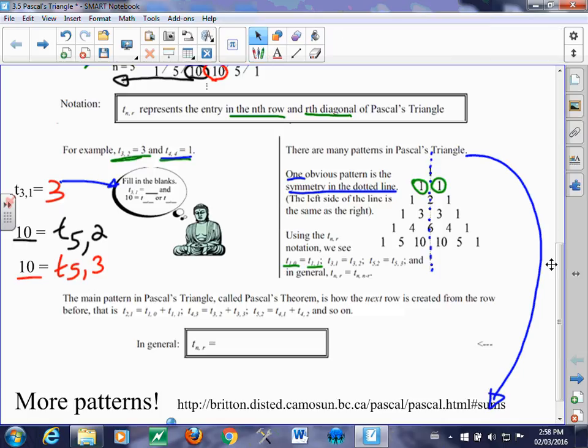We see that T(3,2), so 0, 1, 2, 3, 2, which is this one, equals T(5,2), which is that one. And T(5,4) equals T(5,3), which are the two 10s. So there's symmetry and they're equal distance away from the center. Any questions on that, folks?